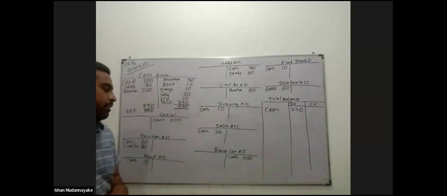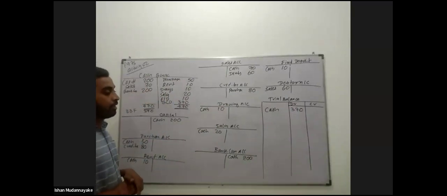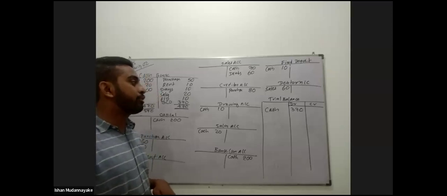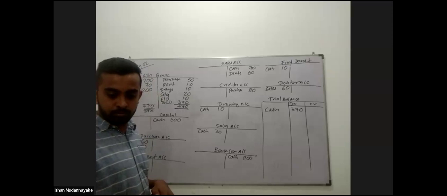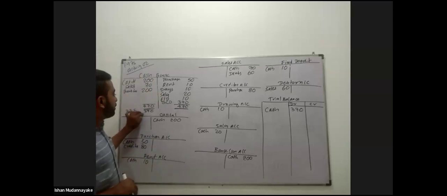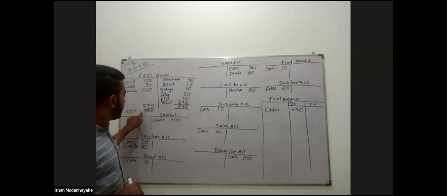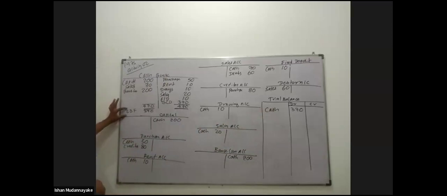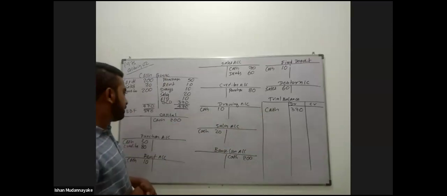The list which is prepared using debit and credit balances of ledger accounts is called the trial balance. Now, the balance of the cash account: balance brought forward on the debit side, then trial balance debit.